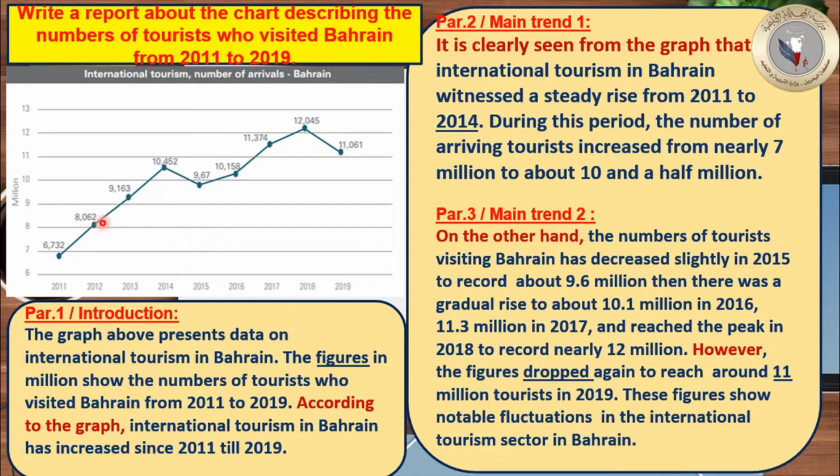Then the increase resumed again from 2015 to 2018, but gradually, in this way. It's gradual, not steady like that. After that, the decline happened again in the year 2019, right?